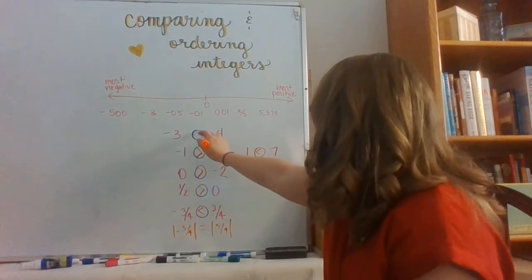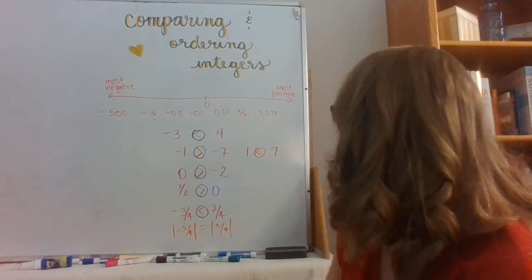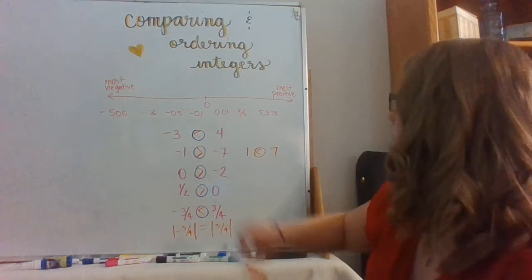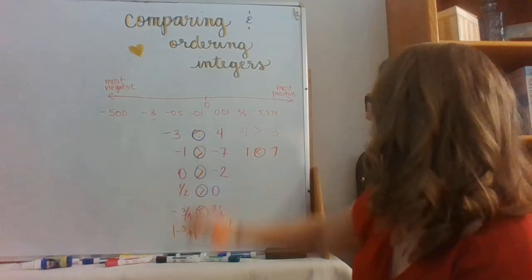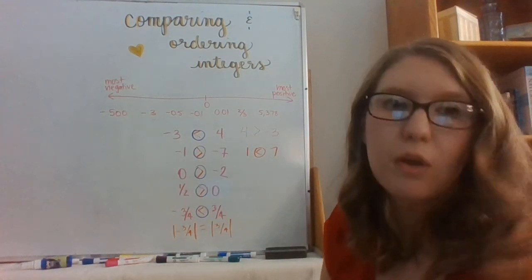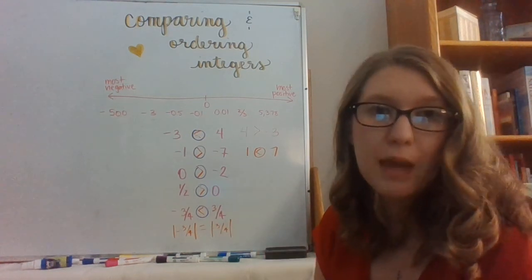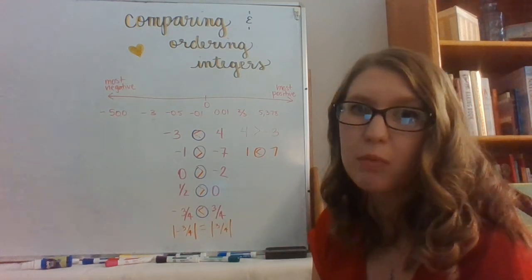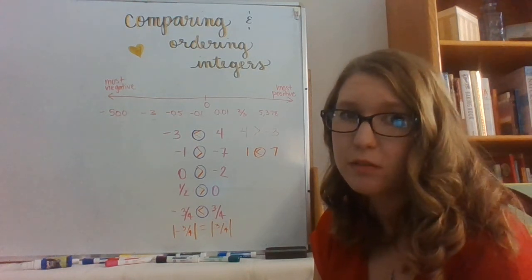Okay, 4 is greater than negative 3. And of course I could flip these around to say that negative 3 is less than 4. So that sign can go back and forth. So when you're comparing and ordering integers, it's important that you're taking into consideration, are there any absolute value signs?